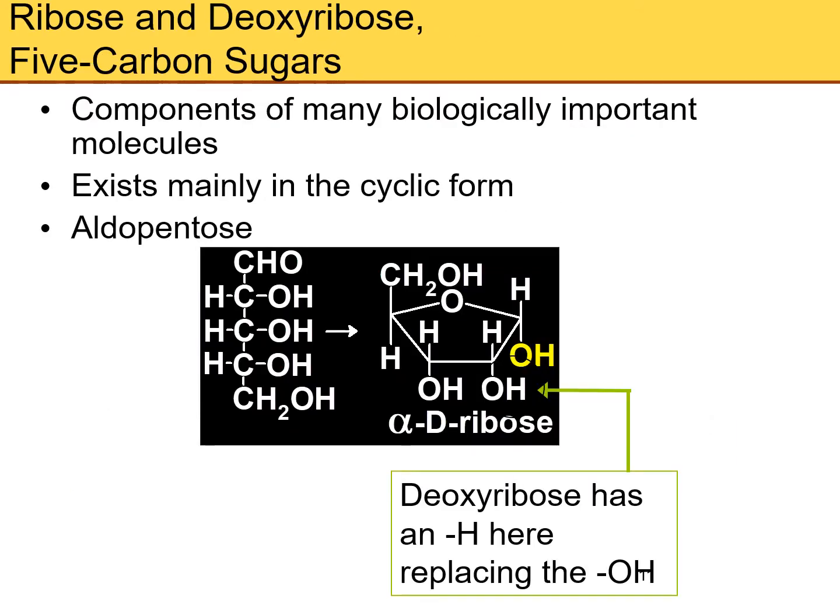Now we move to the 5-carbon sugars, and the one I told you to memorize was ribose. This is the aldose sugar where all the OHs are on the right hand side, and this is a D form.